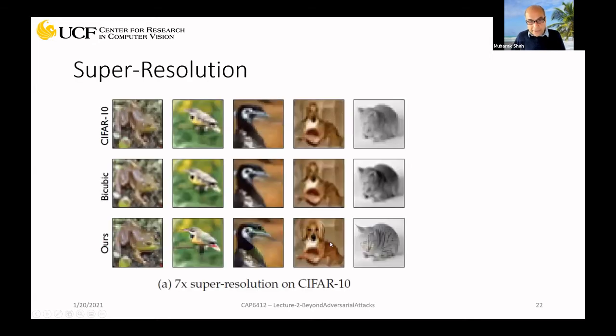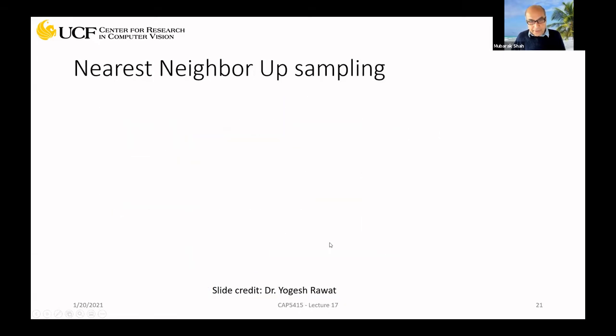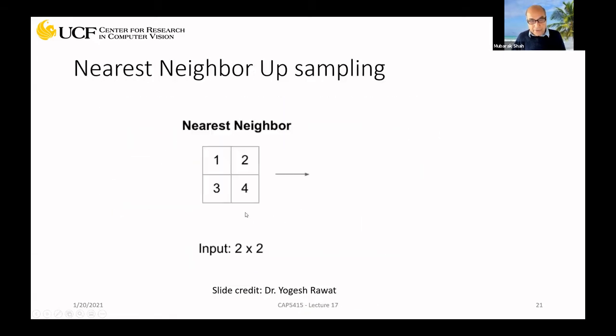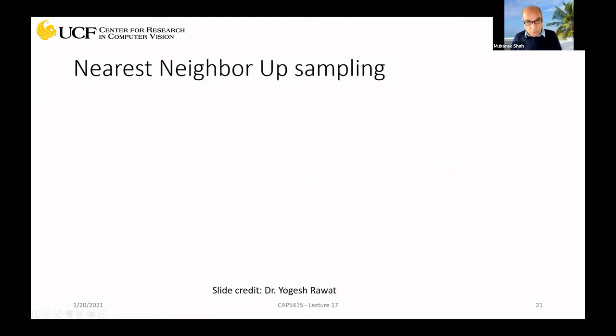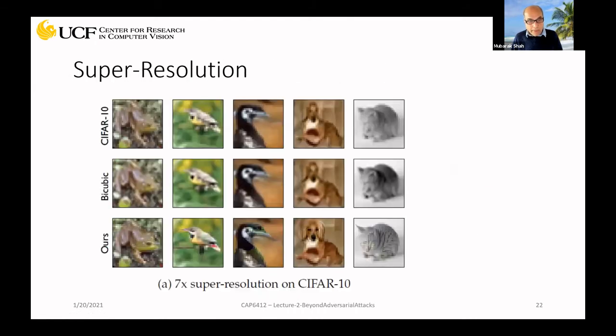So we are given a low resolution image, and we upscale that using nearest neighbor. Now we want to come up with X prime, which has this class Y. And this is the example here.